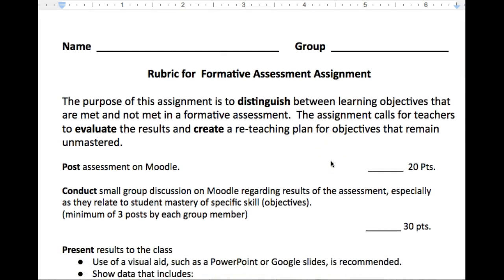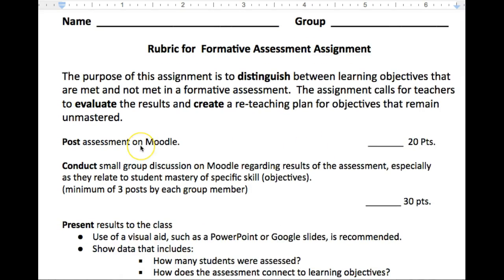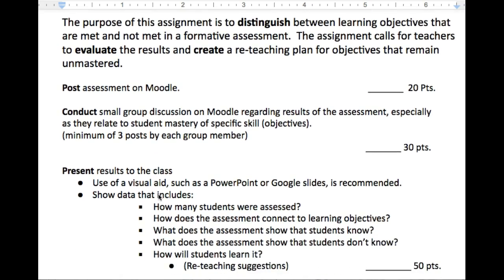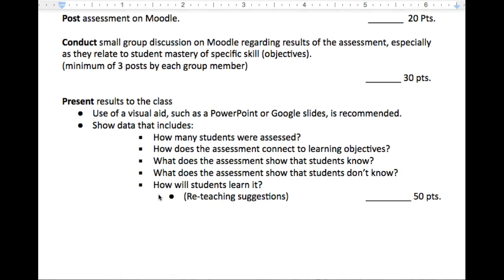Again, you're going to post the assessment that you've given on Moodle, and then next week you'll be conducting a small group discussion regarding the results of the assessment. That's a minimum of 3 posts by each group member. The following week, and that's what's finally due with this rubric, you will be posting your results to the rest of the class using a visual aid.